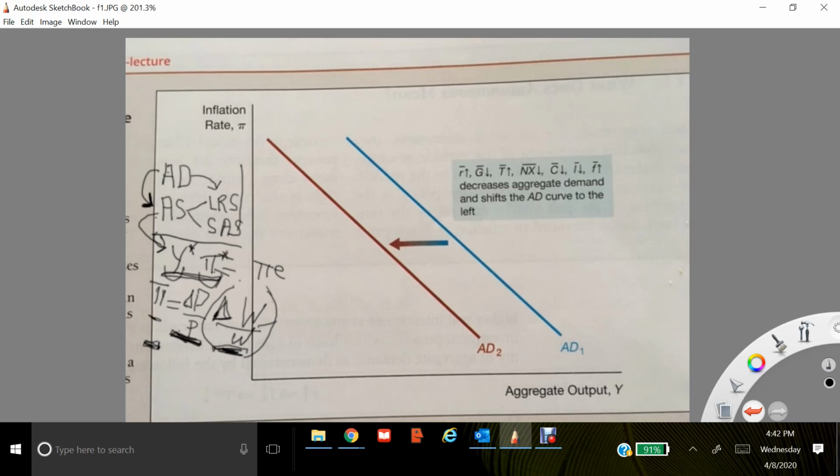Nowadays, I don't remember when this started, but it became a big deal to adjust Social Security payments every year according to the increase in the price level, the inflation rate.